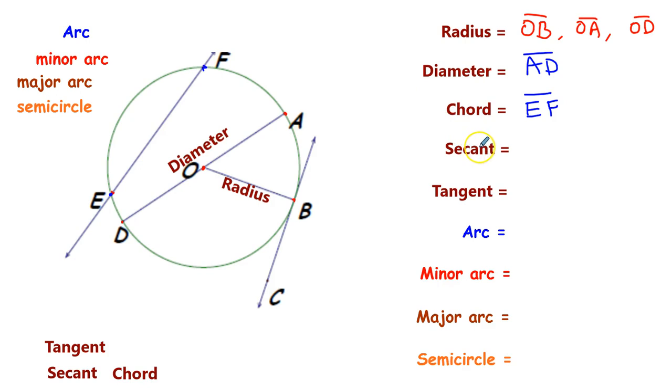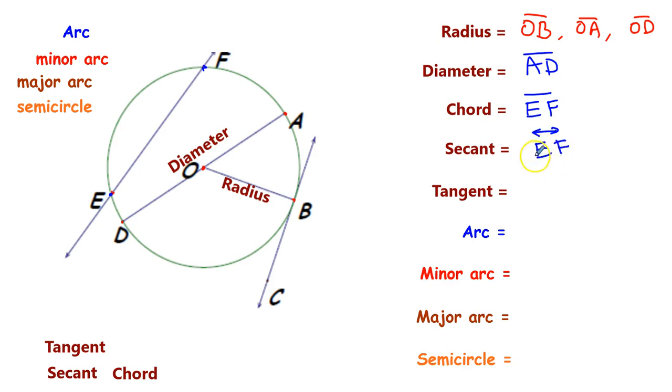Then comes a secant. You know that a secant is a line which is intersecting the circle at two different points. So EF is again a secant. From chord you are calling it a secant just because on top of it you are writing the symbol of a straight line.